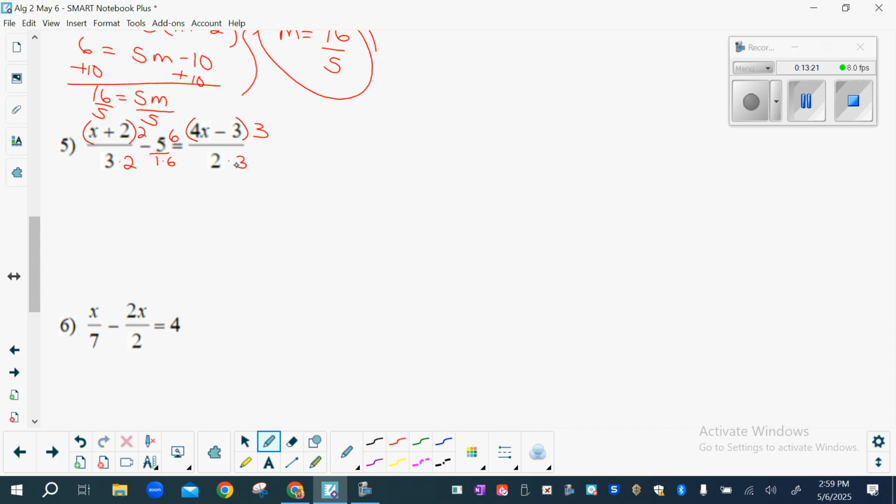Okay, stop. So we're distributing here. We have 2m plus 4 over 6 minus 30 over 6. And then distributing, this gives us 12x minus 9 over 6. What would our next step be?